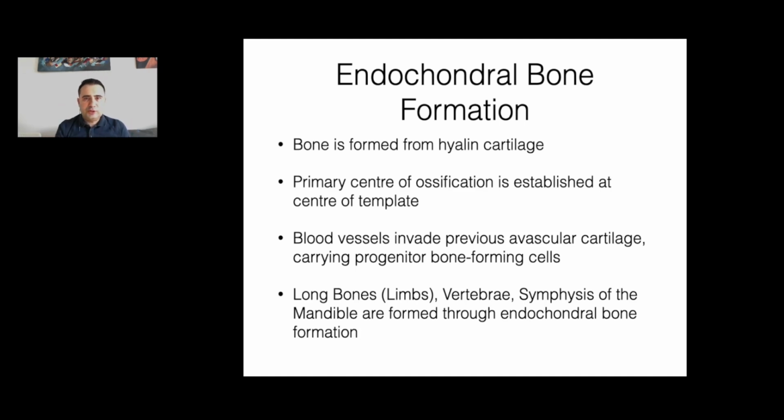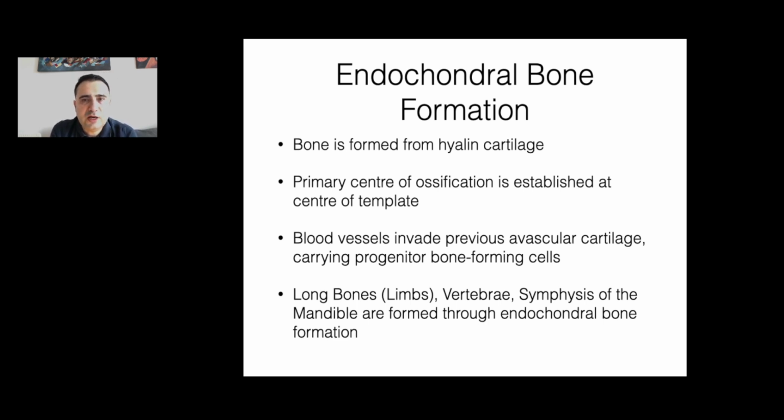Endochondral bone formation occurs in long bones, maybe some vertebra or the symphysis of the mandible. This type of bone is formed by the endochondral bone formation pathway. Here, as the name indicates, we have hyaline cartilage or chondroid tissue that will undergo some process which eventually results in bone formation.